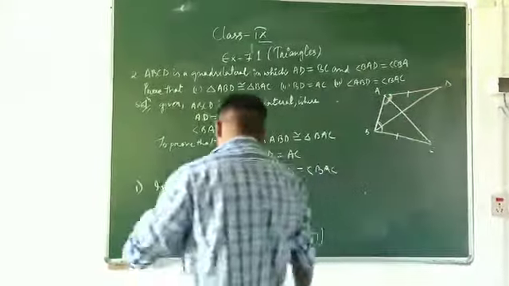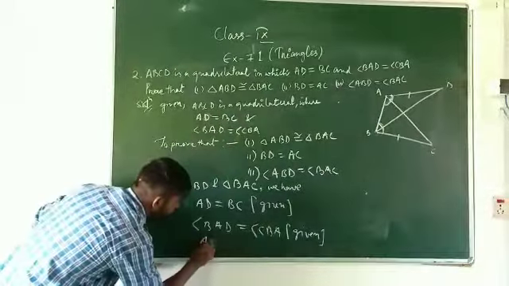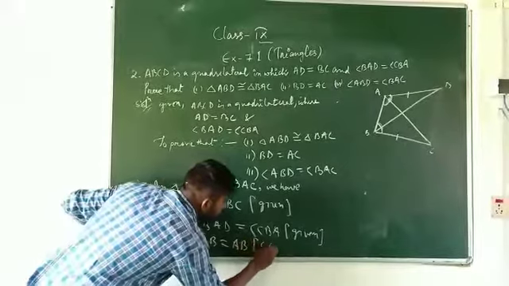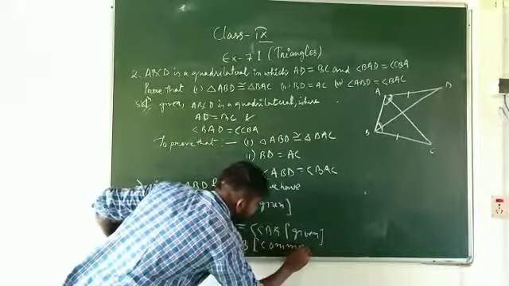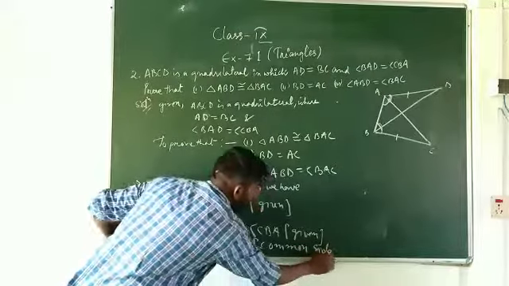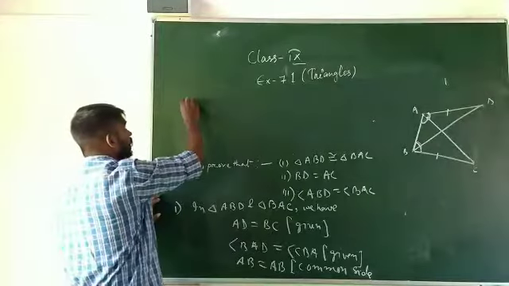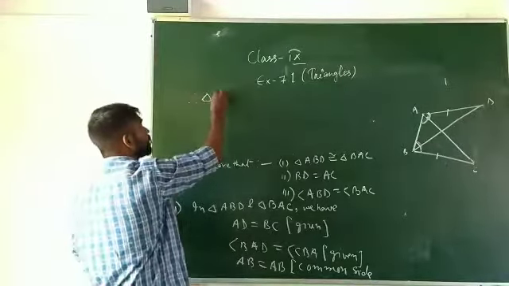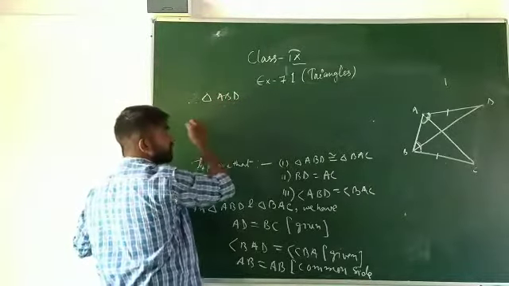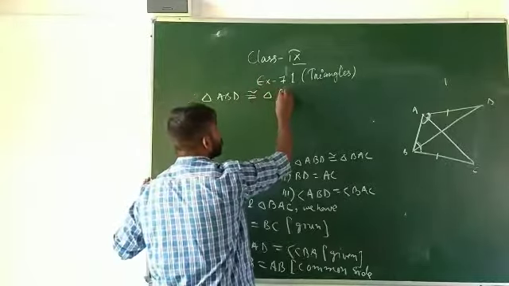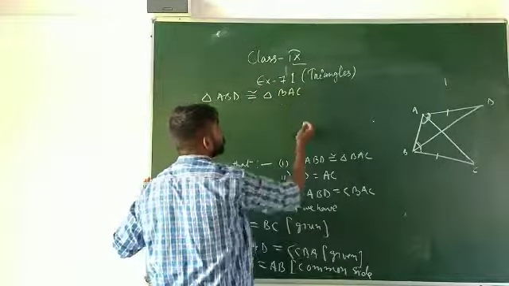So we can write AB equal to AB, that is common side. So we have found, therefore, triangle ABD congruent to triangle BAC.